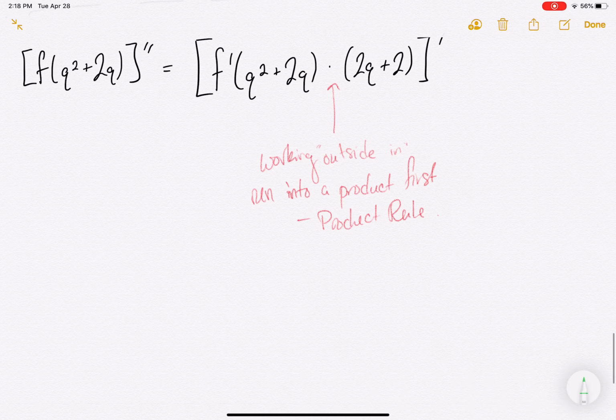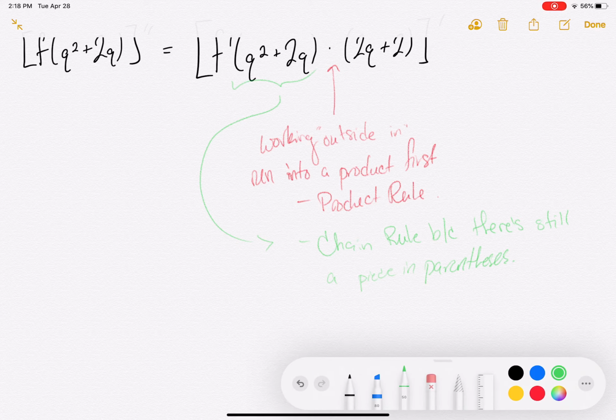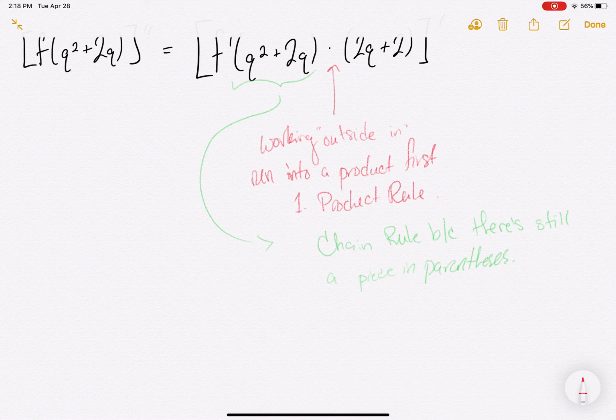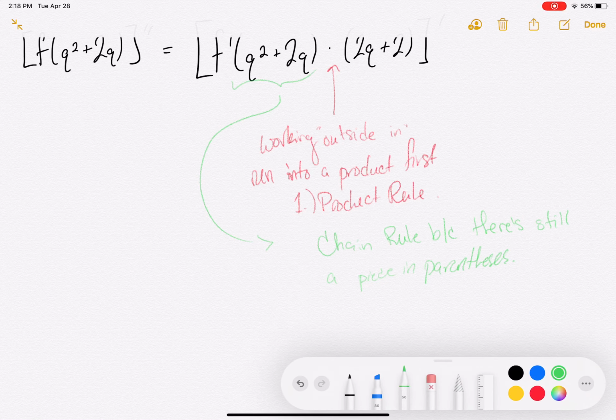Secondly, we will use a chain rule because there's still a thing in parentheses, not just the variable itself, a piece in parentheses. Okay, and maybe I'll label these with numbers. That's probably smarter. So first we're going to do the product rule, and second we're going to do the chain rule.